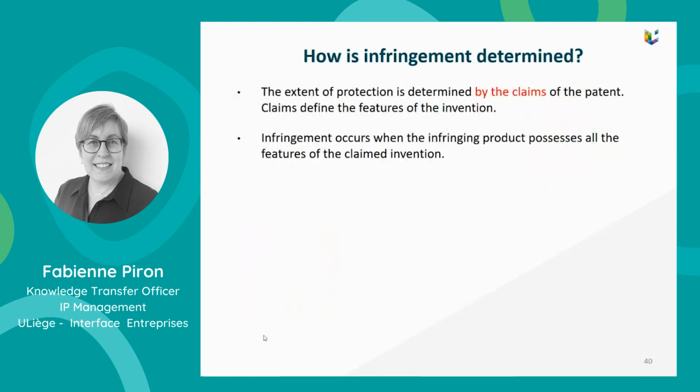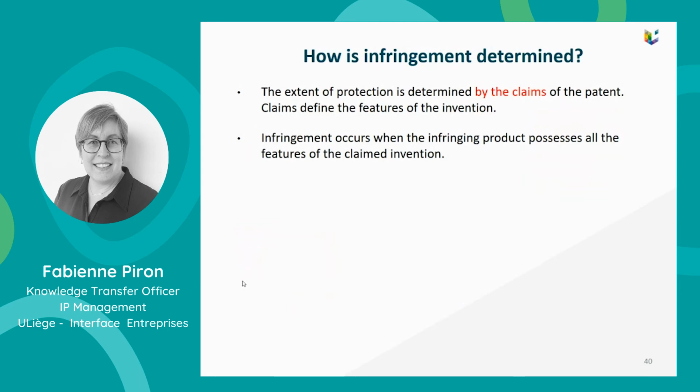How is infringement determined? The extent of protection is determined by the claims of the patent. Remember, the claims of the patent are the core of the patent. Claims define the scope and the features of the invention. Infringement occurs when the infringing product possesses all the features of the claimed invention.